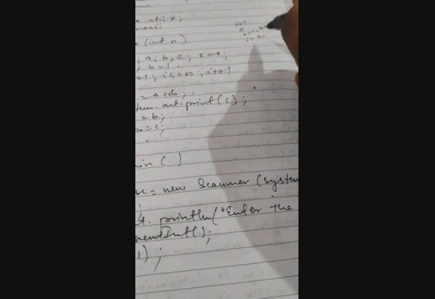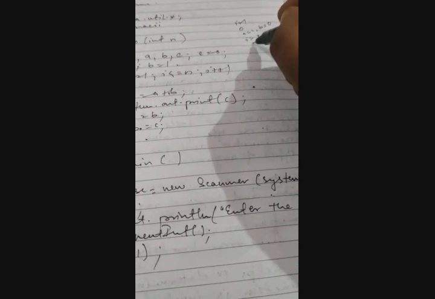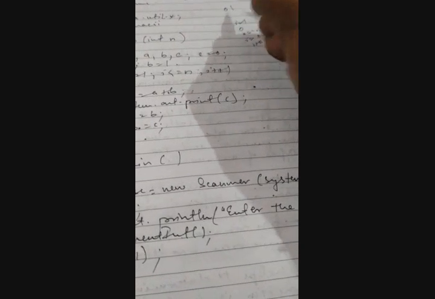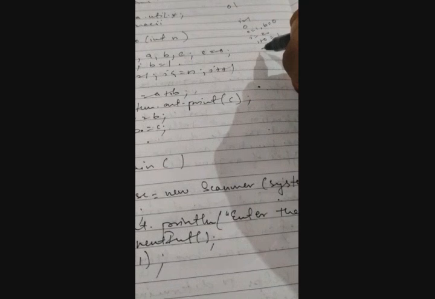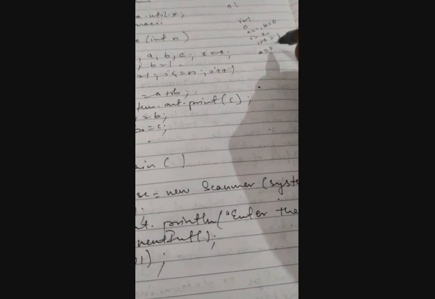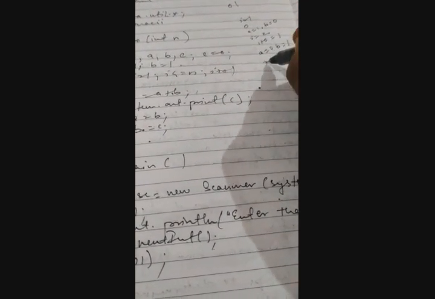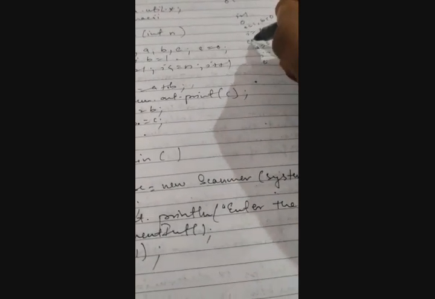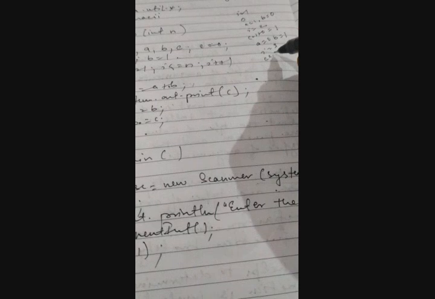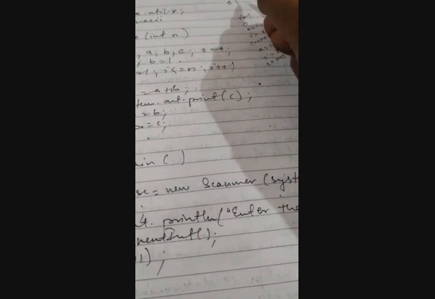I equals 2, then c equals 1 plus 0 equals 1. So first 0, then 1, then again a becomes 0, b becomes 1, I becomes 3, then c equals 0 plus 1, 1, friends, 1, and so on. Like this it will continue.